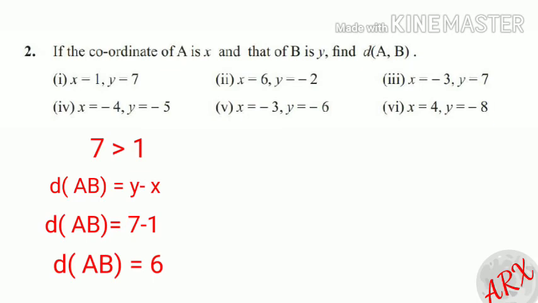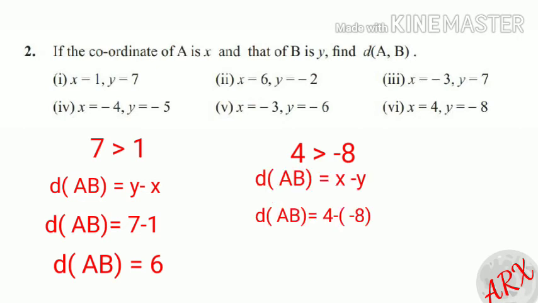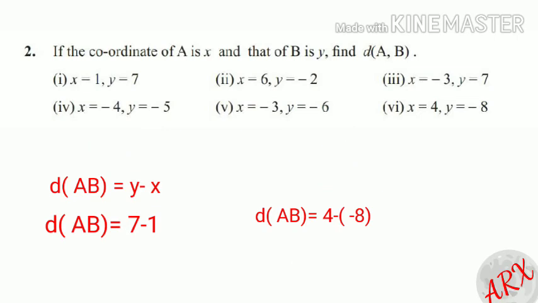Question number 6, x equal to 4, y equal to minus 8. Now 4 is greater than minus 8, hence distance AB equal to 4 minus (minus 8). So minus minus will be plus. 4 plus 8. So distance AB equal to 12.